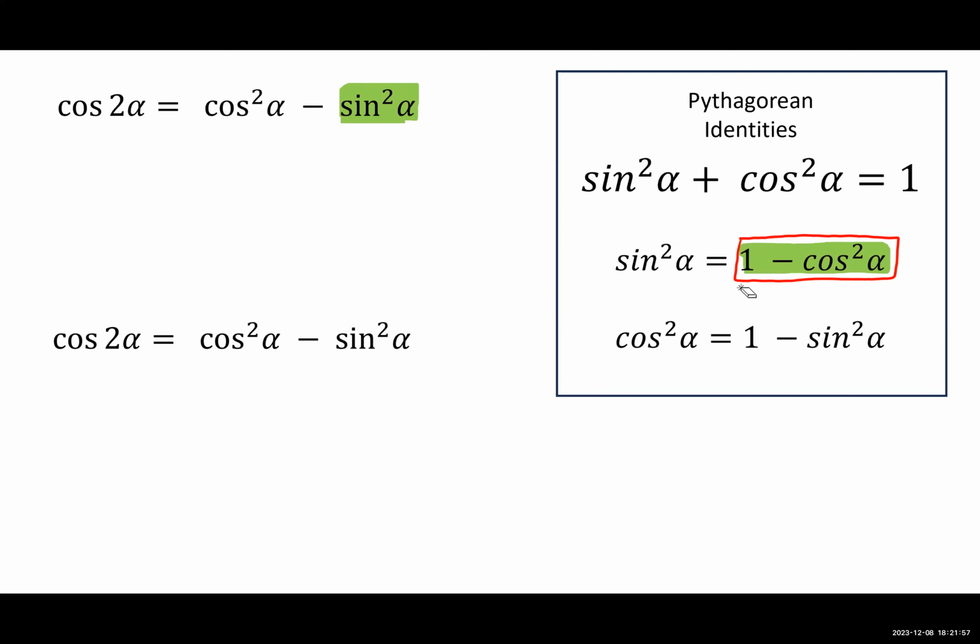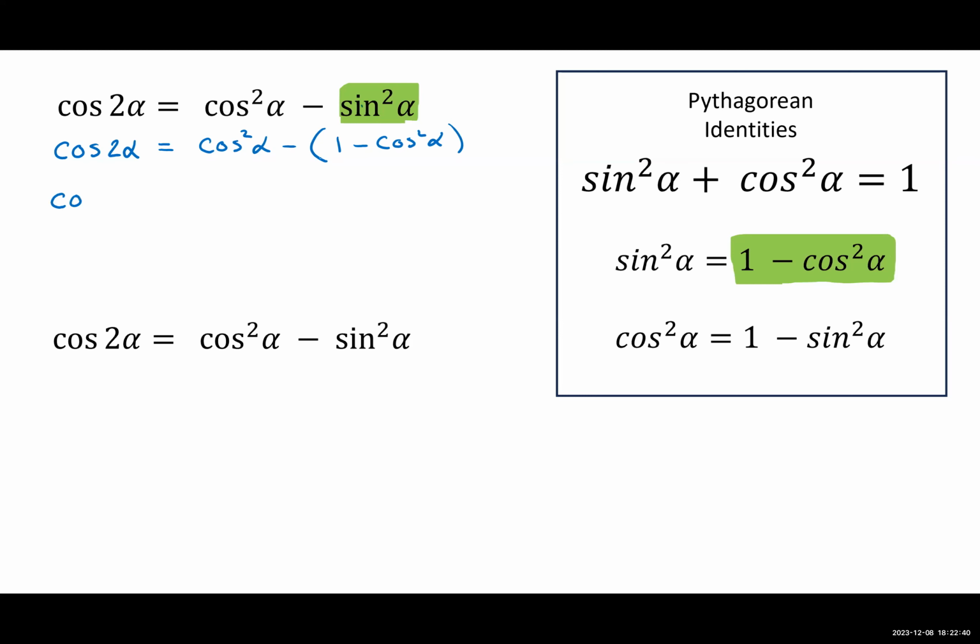Let's get rid of all this red. Let's just use green. Okay, so sine squared is 1 minus cosine squared. So let's make that substitution, and we will get the cosine of 2 alpha. Remember, this is the double angle formula, is equal to cosine squared of alpha minus, well, in green, we can replace that with 1 minus cosine squared of alpha.